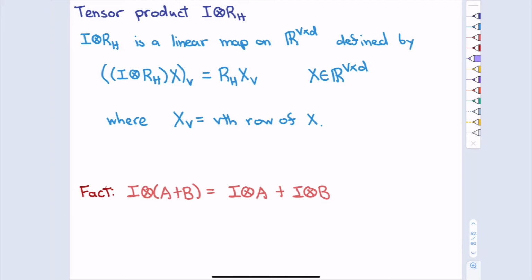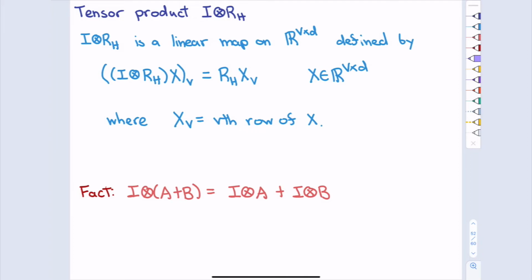But if you give me some X in R^(V times D), you can think of that as a matrix. I apply I tensor RH to it, and I look at the vth row. It's taking as input a matrix and outputting a matrix.